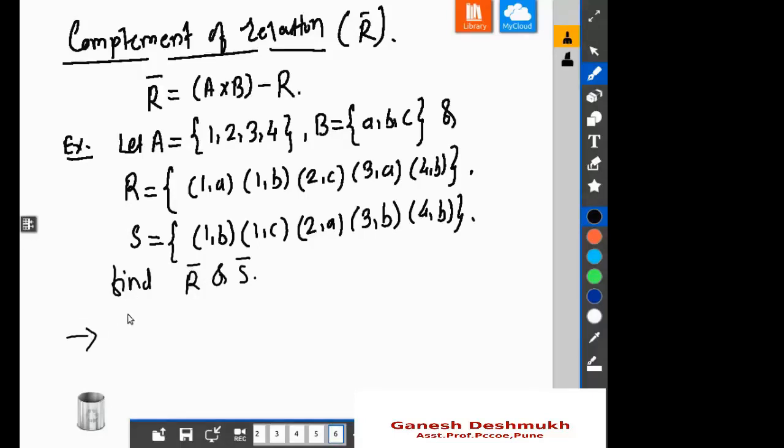So let us go to a new page. Set A contains elements 1, 2, 3, and 4, and B contains elements a, b, and c.